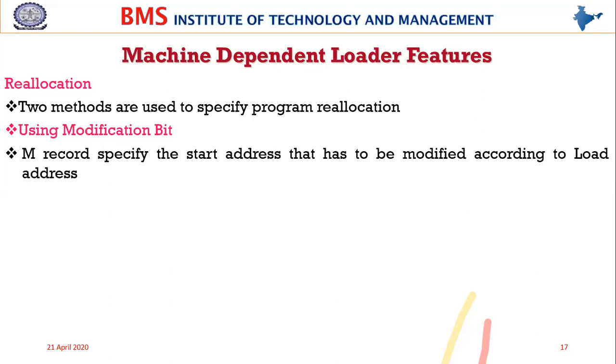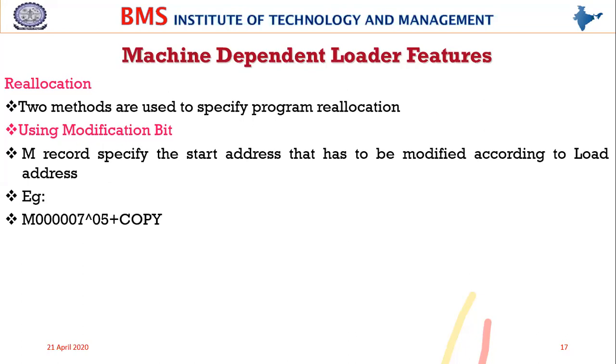Here we are going to specify an additional record called the modification record, wherein we specify the starting address, that is the address of the operand which needs to be modified. How many half bytes? 20 bits, when represented in half bytes, gives 5, since 5 fours are 20. So 5 half bytes need to be modified with what?